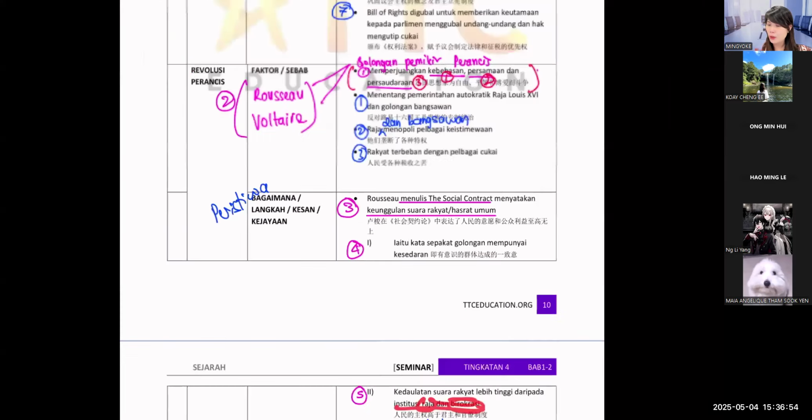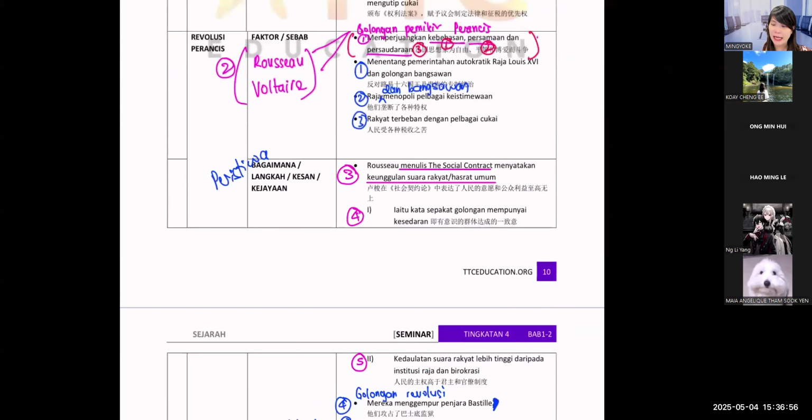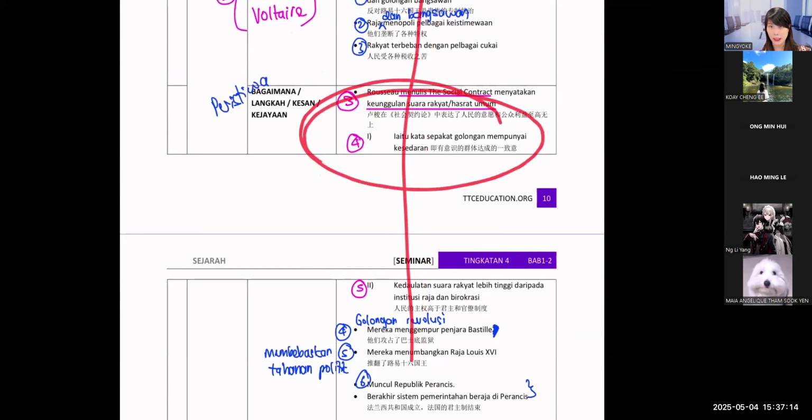So you look at the pink color. Pink color is the factor. You can split it out. They write in the wrong point, but it's okay. You take note. Basically, the events you can write all these down, even the pink color here.